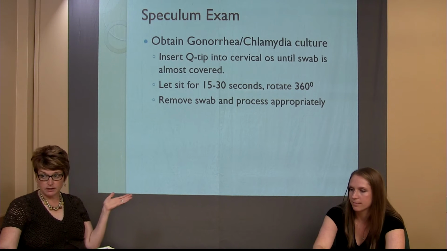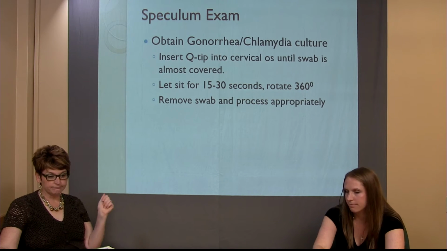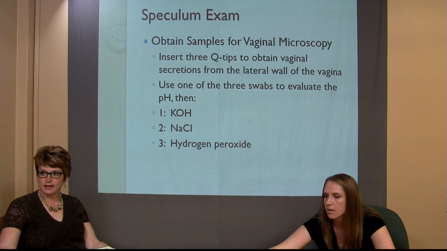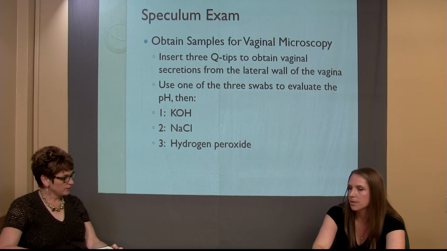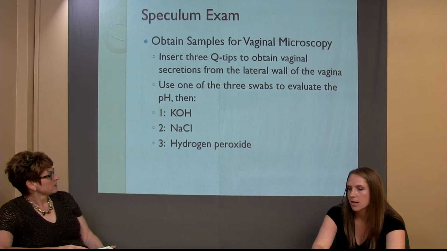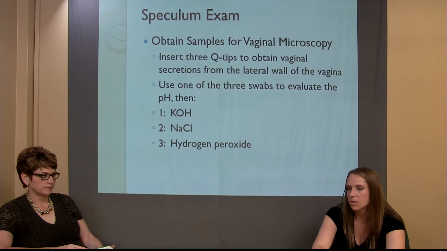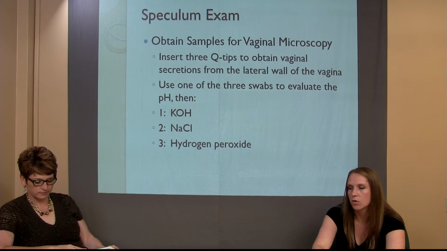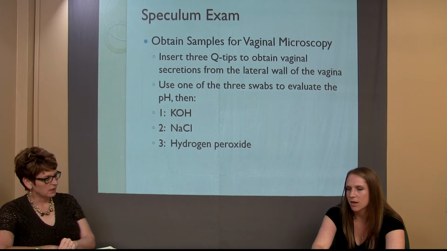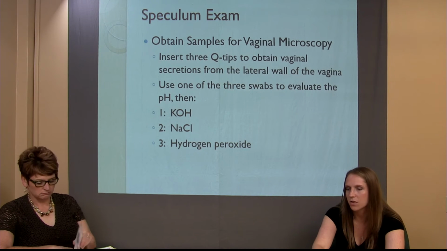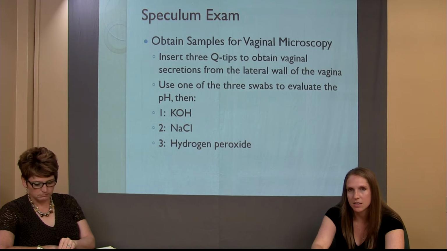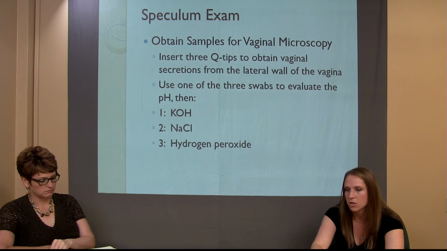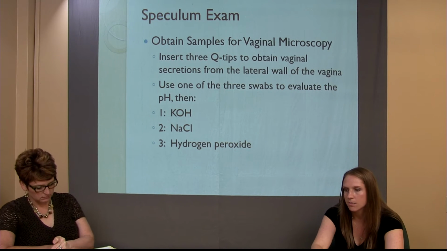We talked about chlamydia and gonorrhea culture, so we've already done that. Then samples for vaginal microscopy. This would be important if someone was complaining of vaginal discharge, odor, sometimes itching. If you think that they may have a yeast infection, bacterial vaginosis, or trichomoniasis, you would do this.